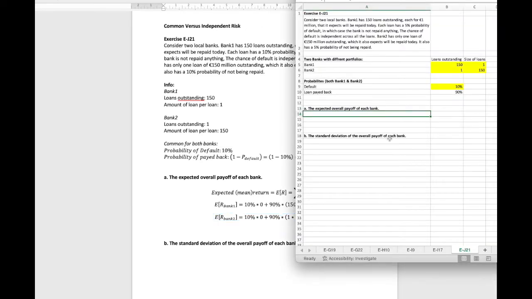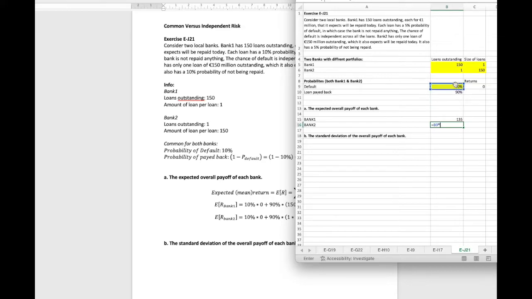And when we plug these numbers in, for bank 1 we get 10% times 0 plus 90% times 1 times 150. Okay, and for bank 2 we will do the same.